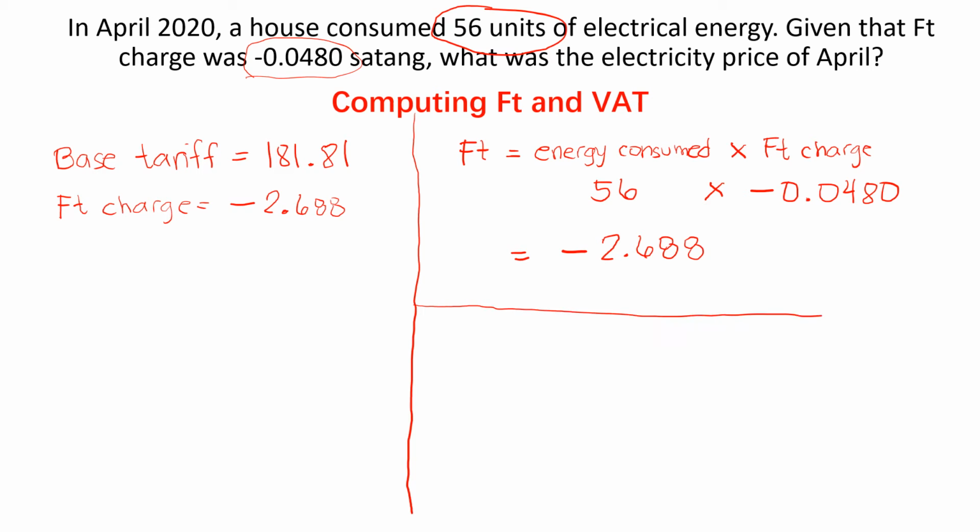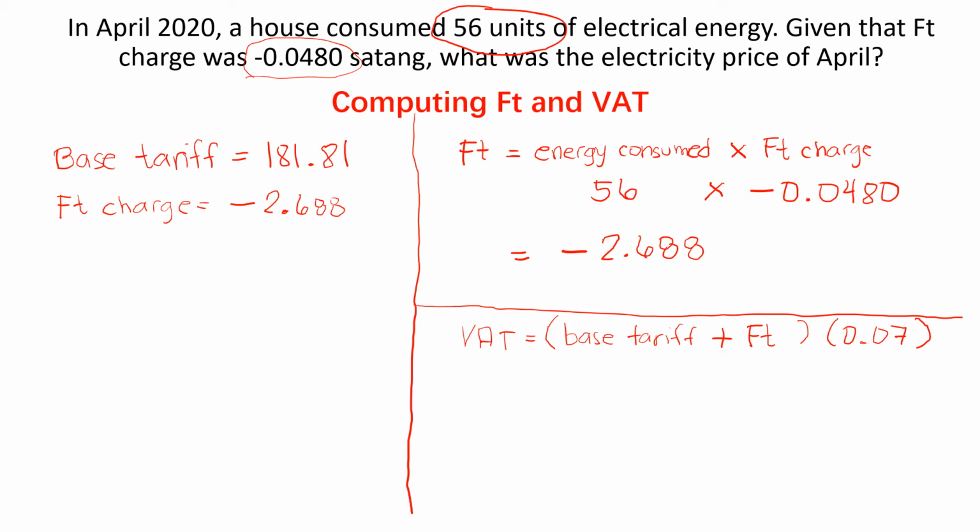Next we are going to get your VAT. So for your VAT, we have to add first your base tariff plus your FT charge and then multiply it with 7%. So 7% is 0.07.